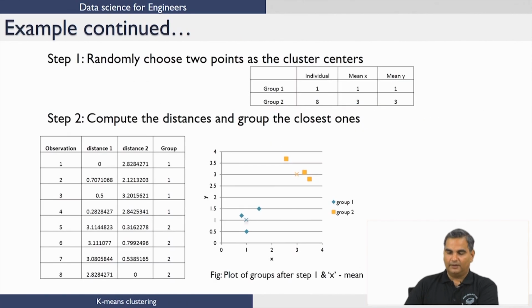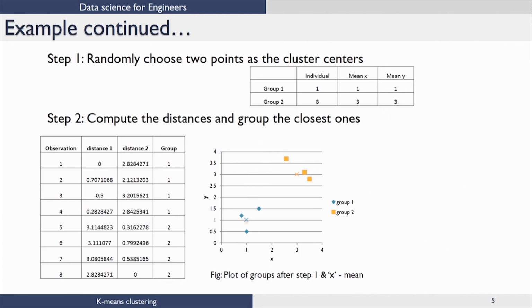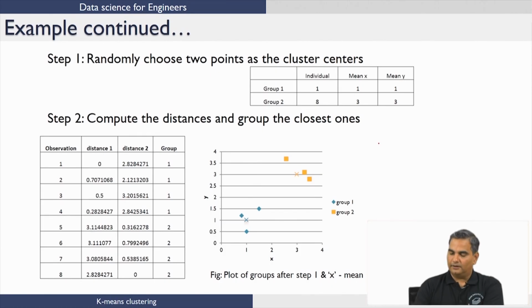So, for example, let us say we randomly choose 2 points as cluster centers. Let us say one point that we have chosen is (1, 1), which would be this point here, and let us assume this is group 1, and let us assume that for group 2 we choose point (3, 3), which is here.